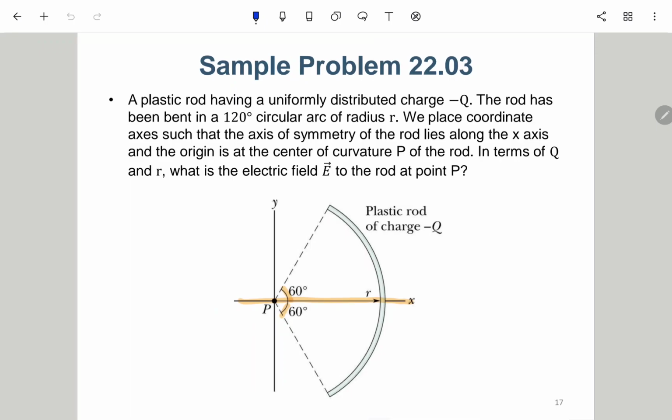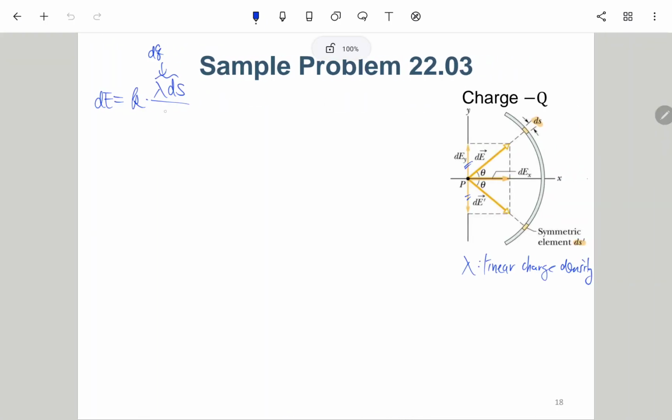The radius is also called r, so we have r squared here. This is de. And actually, we would like to calculate dex because the y-axis component cancels. So dex will be de times cosine of theta.